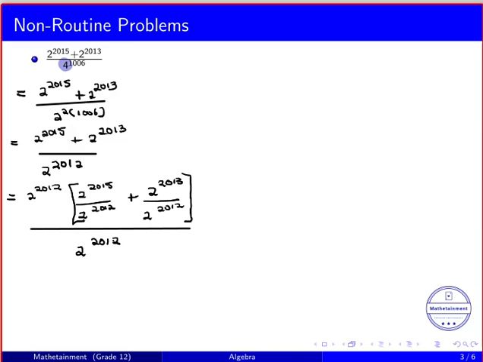Since there is only one term here, there is no need for me to find the common factor. So I just go straight here, and then this one divides this one.